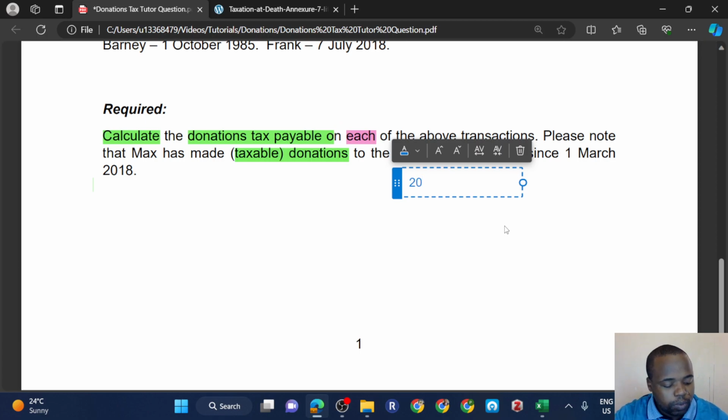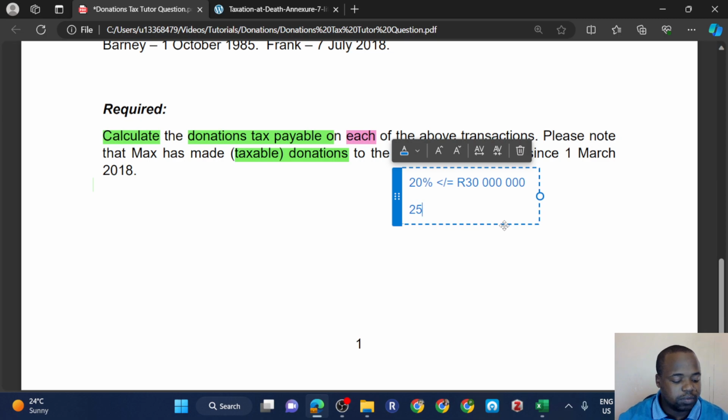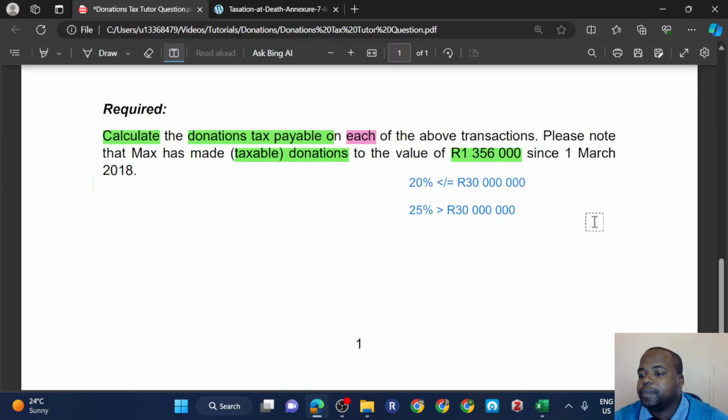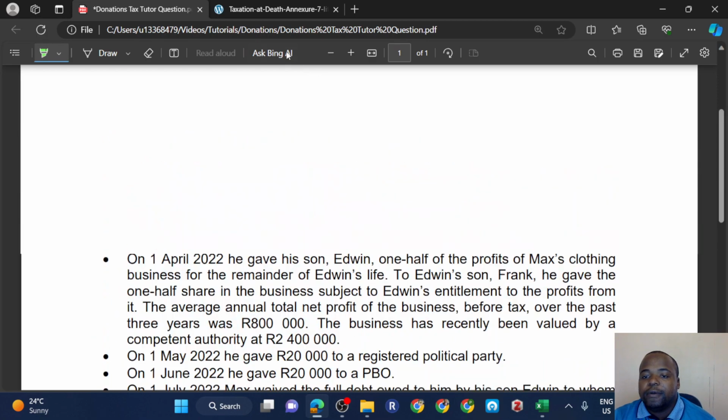As such, we will use 20% when computing his liability, because his threshold is still less than 30 million rands. However, if his taxable donations were more than 30 million rands, we would then use 25%. So that's what that means. That statement means we start calculating the aggregate value from the donations that a taxpayer has made since 1 March 2018, or essentially the 2019 year of assessment.